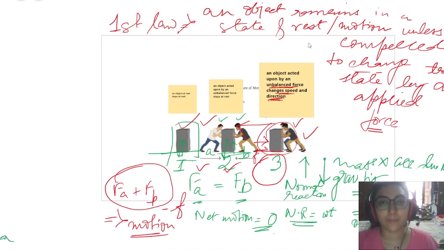Okay. So with this, let's start the discussion about the first law of motion. What does it say? The definition simply means that unless and until you put an external force on any object which is either at rest or in uniform motion, it will not change its previous state.